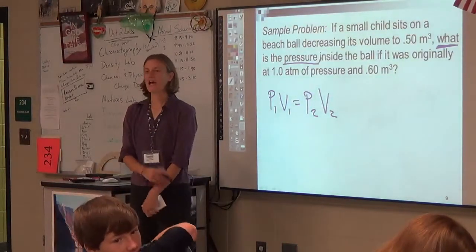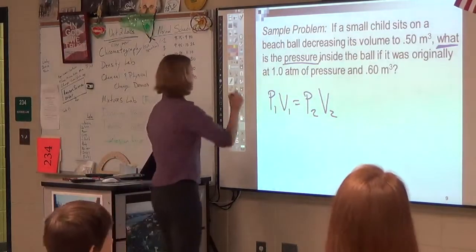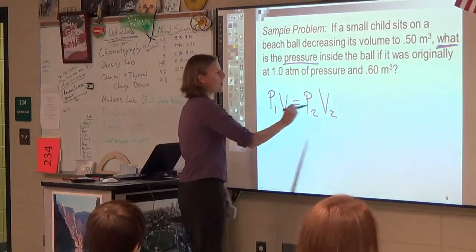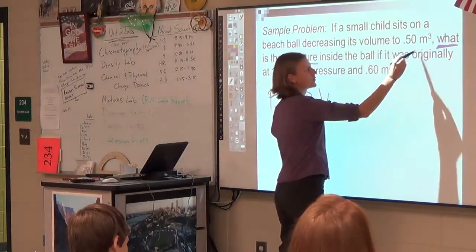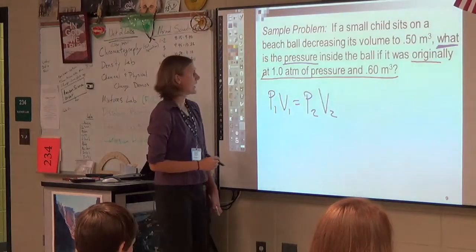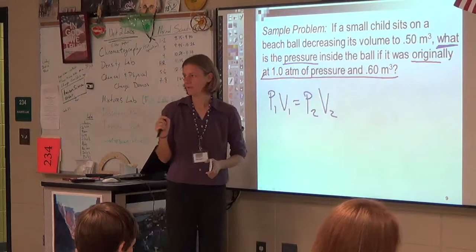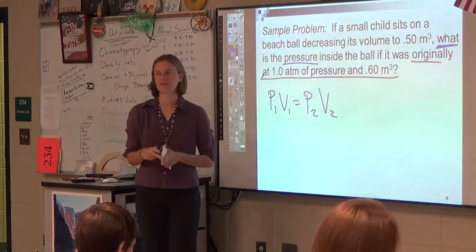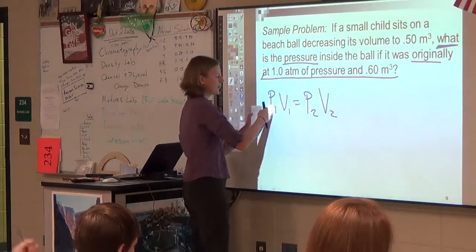Yeah. Okay, you've got to read it carefully. Here's your one information. It says, what's the pressure inside the ball if it was originally at all of this. So you do need to read them carefully, because if you switch the ones and twos, that's definitely gonna mess you up. But that's all your original, like, one info.